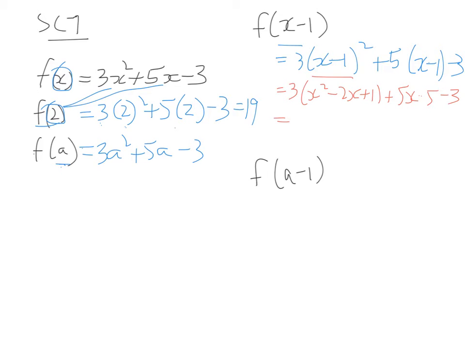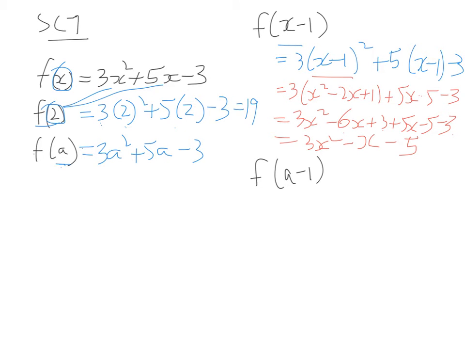We'll end up with 3x squared minus 6x plus 3 plus 5x minus 5 minus 3, and so we've got 3x squared, minus 6x plus 5x, so it'll be minus x, not plus x, and we've got 3 minus 3 minus 5. So that's the type of thing that happens there.